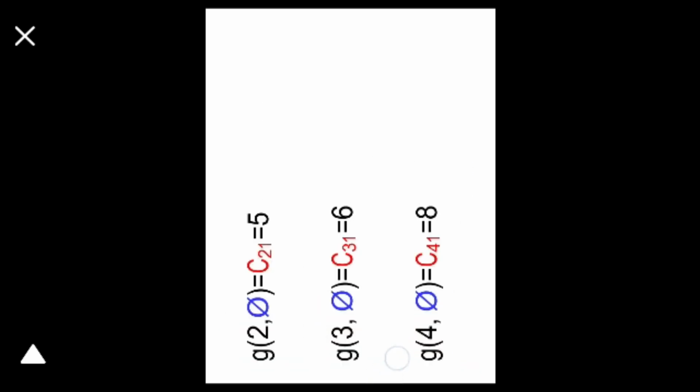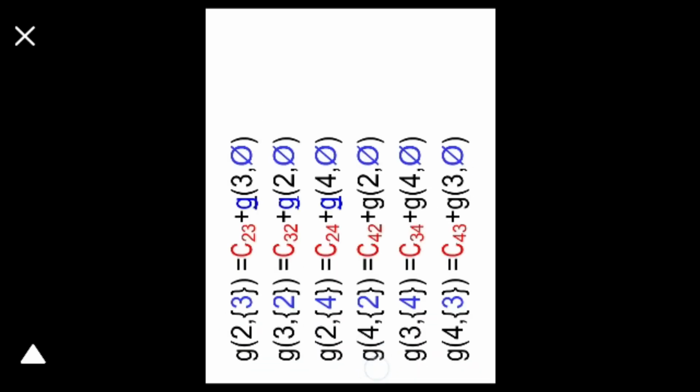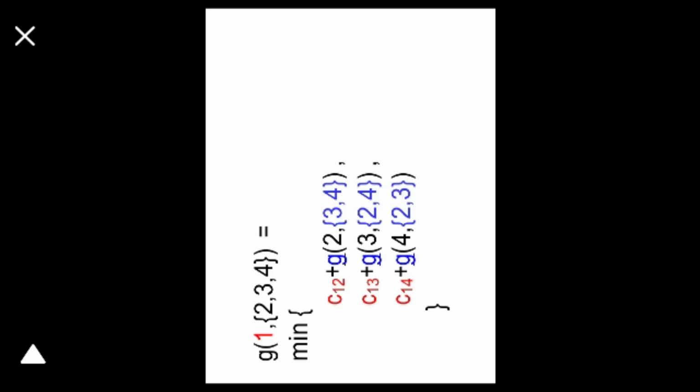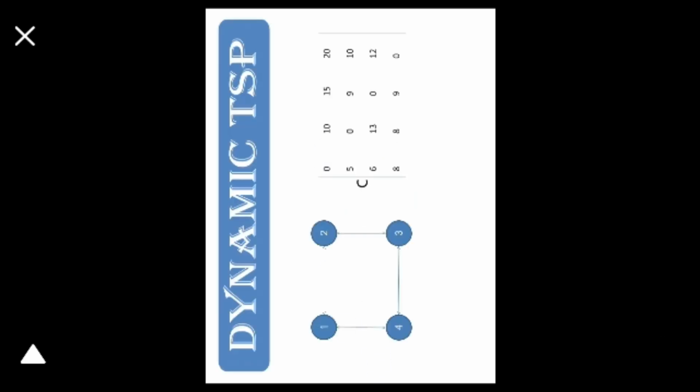So we will see whether we will get this as 35 directly from the matrix also. Here is my cost matrix. See what the tour is. 1 to 2 is 10. 10 plus 2 to 4, which is again 10.